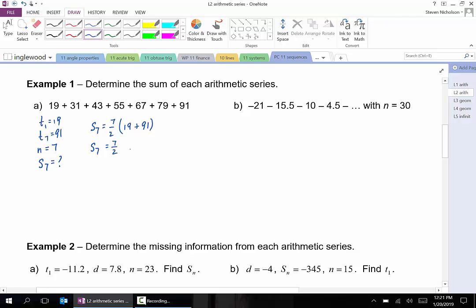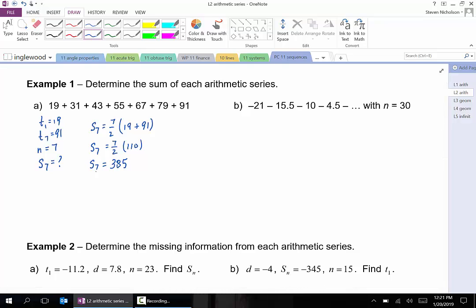But at this point, you could literally plug it into your calculator. I'm going to multiply 7 over 2 times 110, and when you do that, you get 385. If you pushed all those buttons on your calculator, you would get 385 as well. So the sum of these 7 terms is 385.